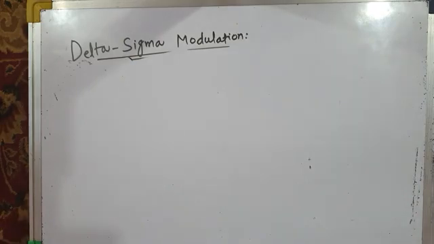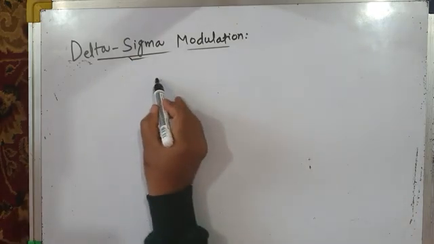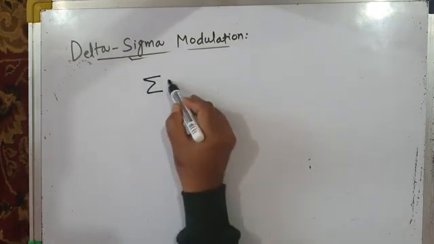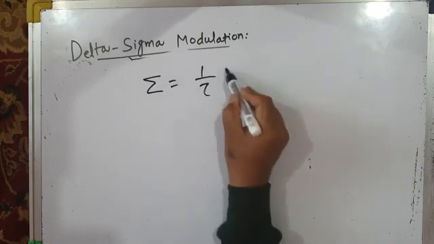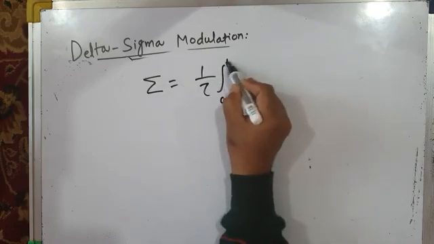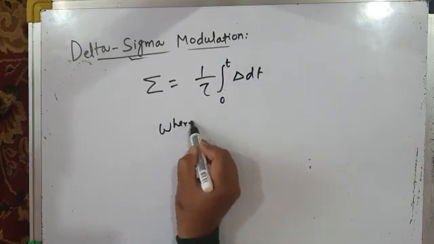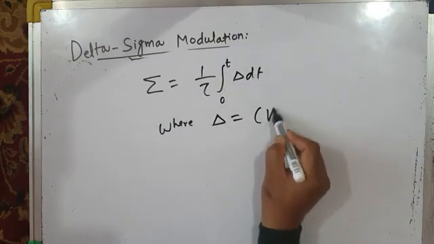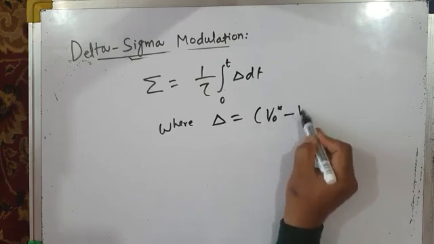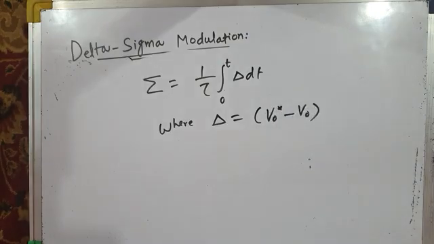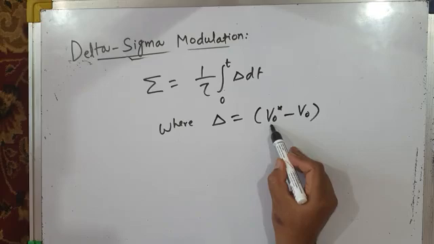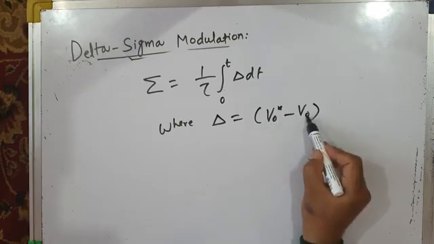But before that waveform, I would like to say that the sigma, that is the integration, is given by 1 by tau integral 0 to t delta dt. What is delta? Delta is V naught star minus V naught. V naught star is your sinusoidal reference voltage and V naught is the actual voltage.